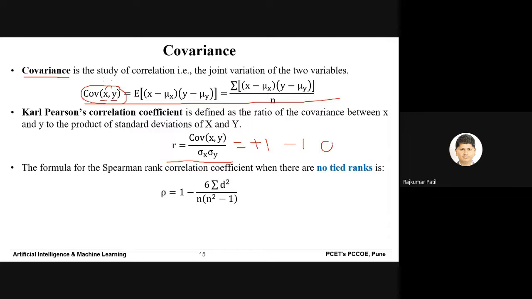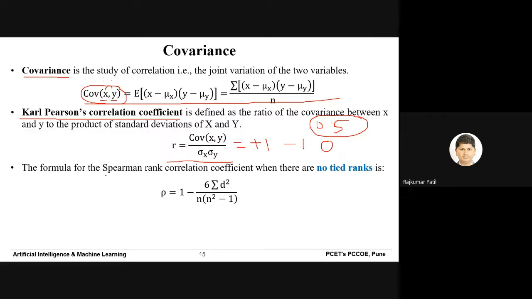If it is close to 0, no relation. If it is in the middle, let's say close to 0.5, then we say weak correlation. So this is about the Karl Pearson correlation coefficient, to decide how strongly the different variables are related.